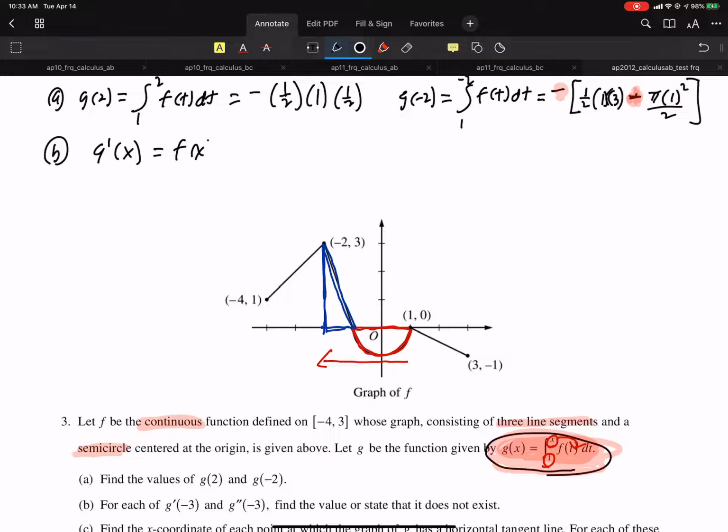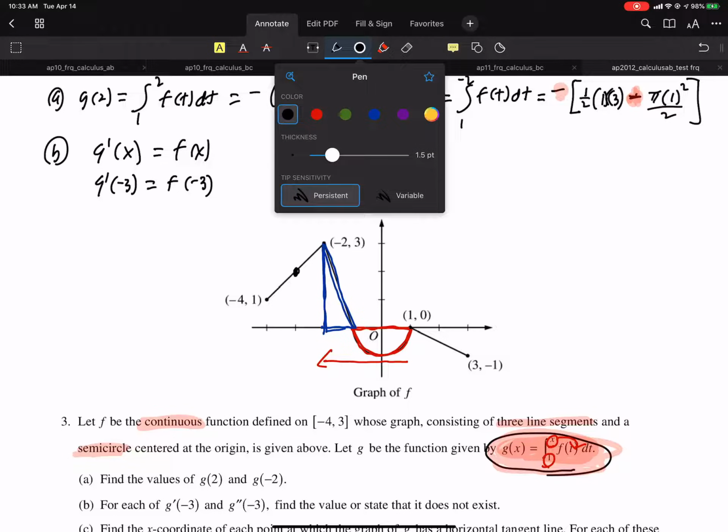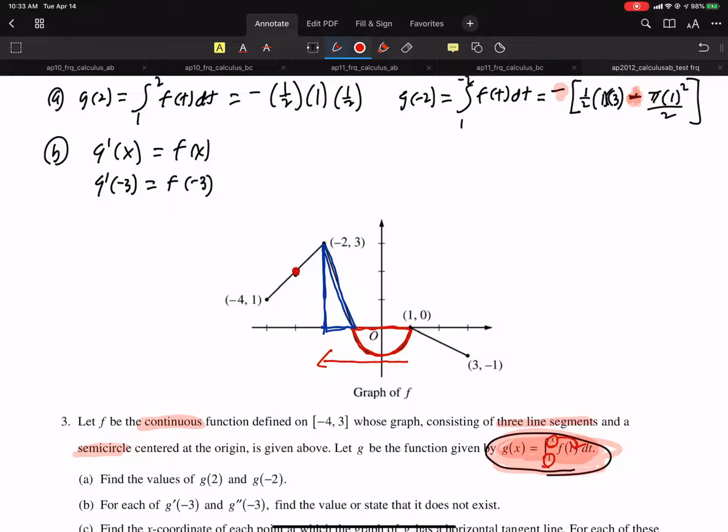That's just f of x. So then they're asking us for g prime at negative 3. That's going to be f at negative 3. If we look at the graph, f at negative 3 is going to be the value there. That y value is f at negative 3.